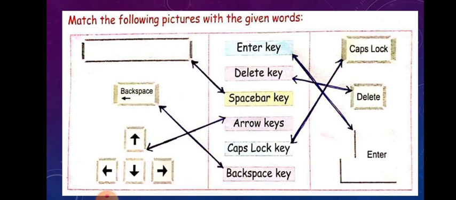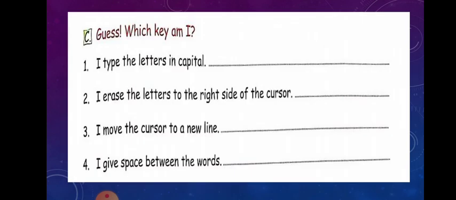This one has been done for you. I have displayed it on the screen. Match it correctly and use scale and pencil to mark it neatly. Dear children, the same you will have to do in copy also.